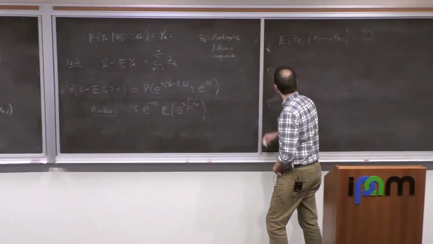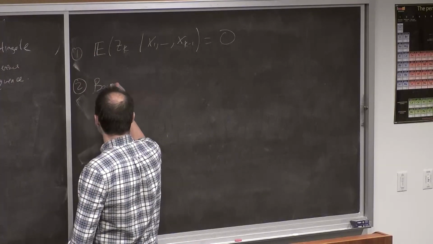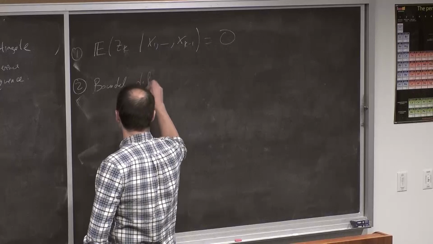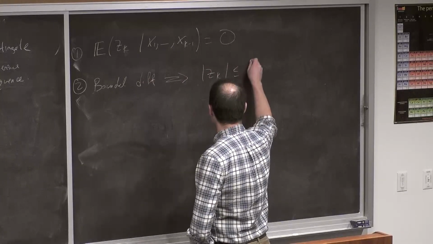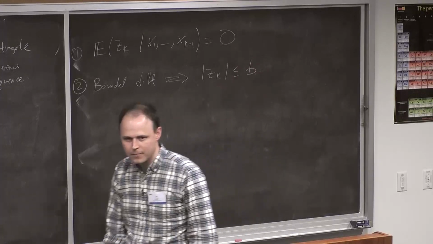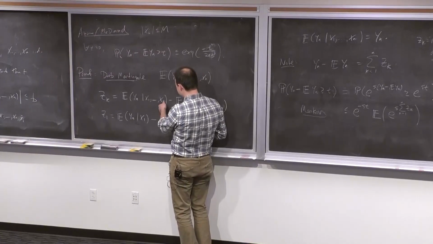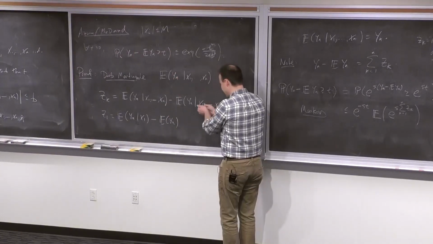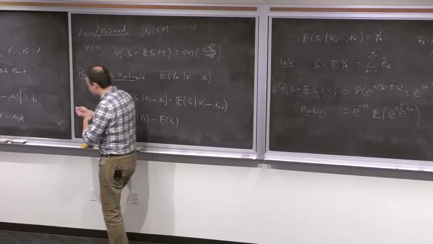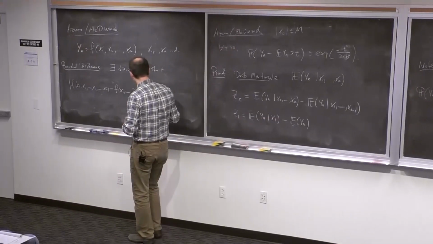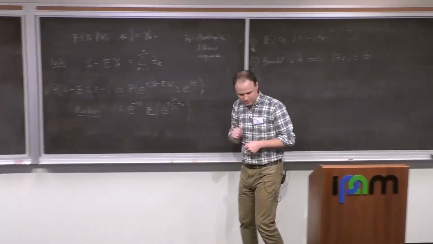So this is like a mean 0 condition. And the second is that the bounded differences condition implies that the zk's are almost surely bounded by b. Because essentially all I'm changing here is whether or not I fix xk. So I have the expectation over xk over here, and here xk is fixed. But when I change the kth coordinate, I can change f only by at most b. So it's a 3-line exercise to write this down.